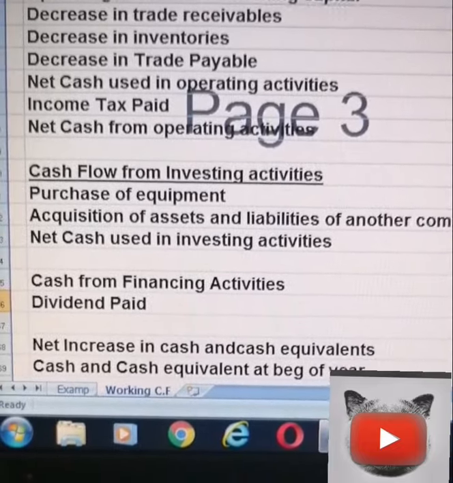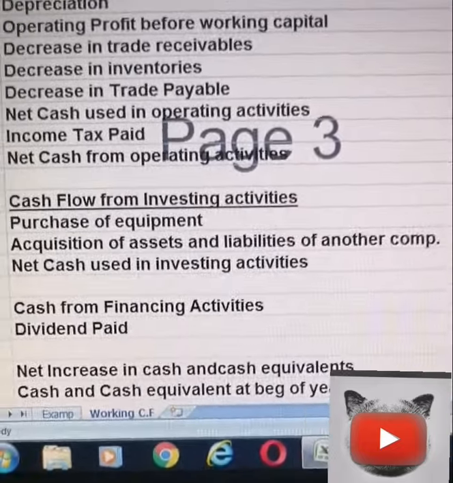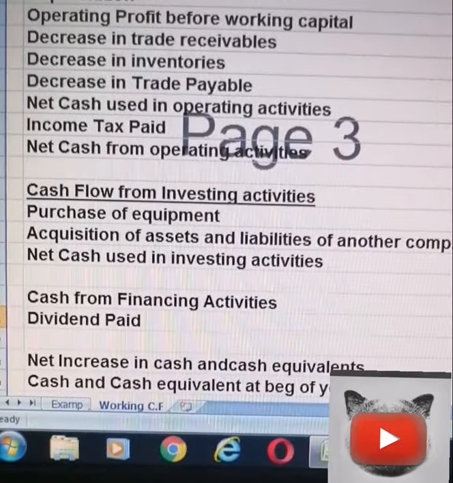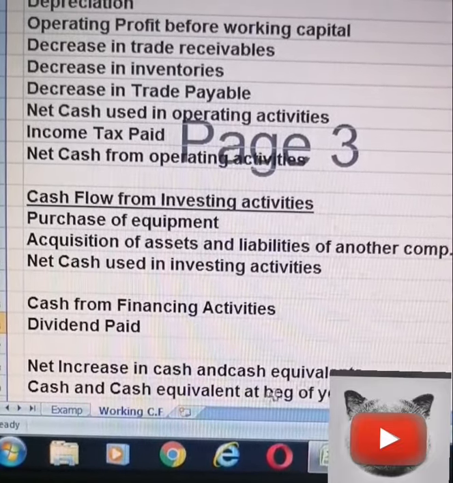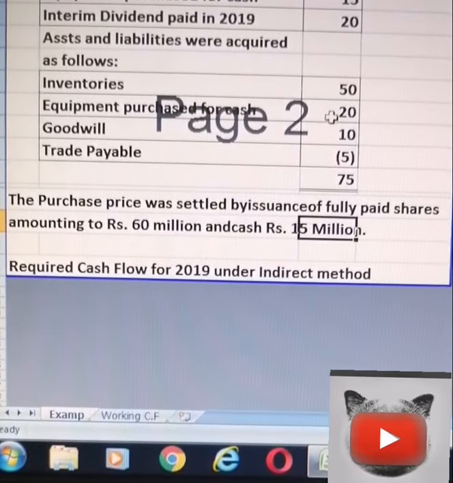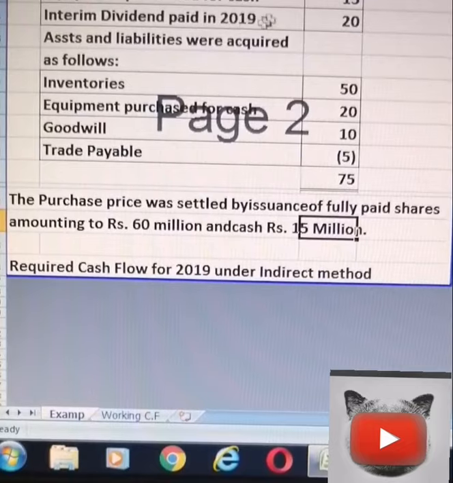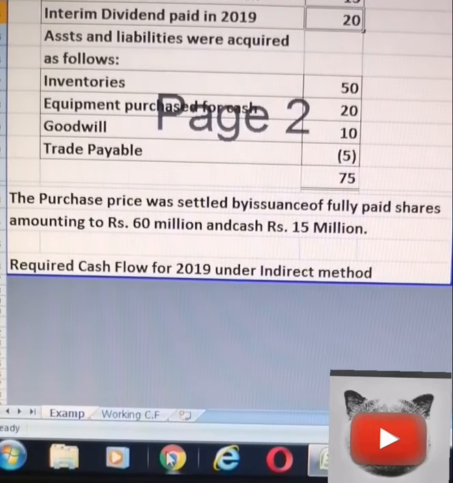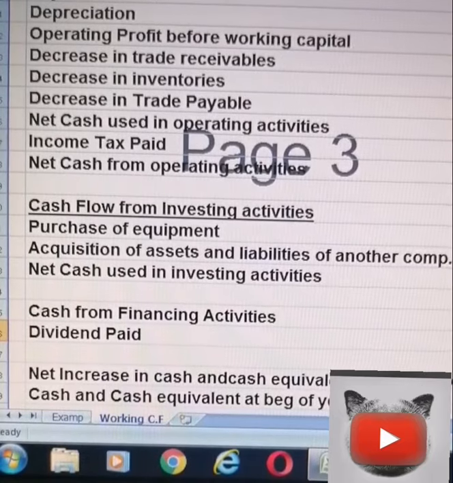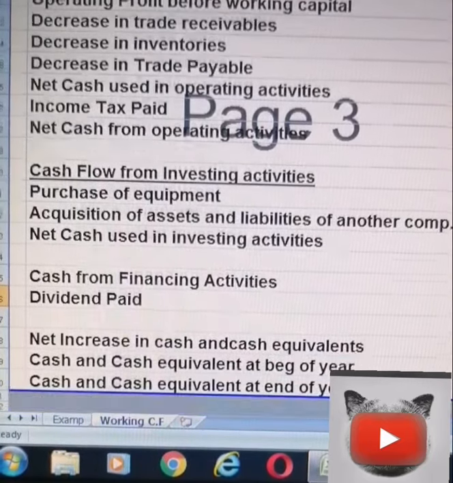In this example only one item is shown. This is the 20 million dividend paid.